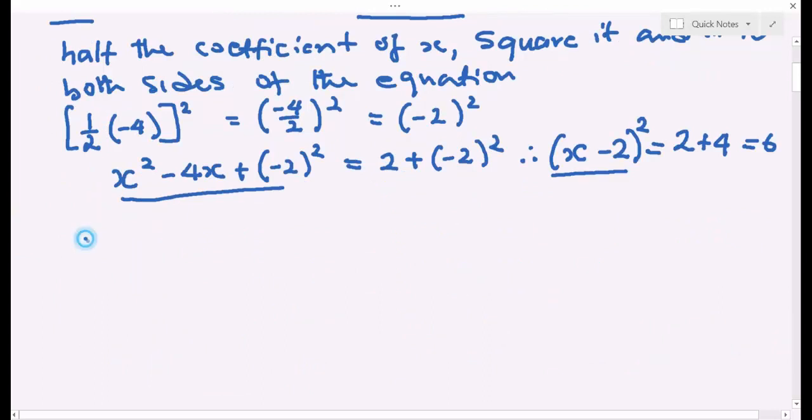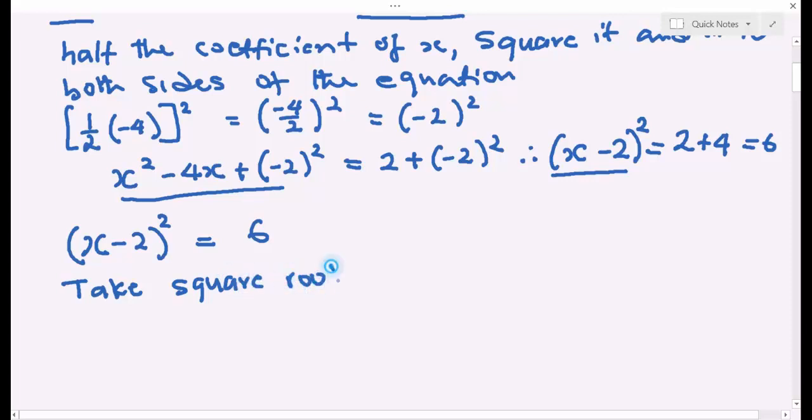Now, on our left hand side, we have x minus 2 squared, and on the right hand side, we have 6. So we take the square root of both sides. We have x minus 2 is equal to plus or minus the square root of 6.